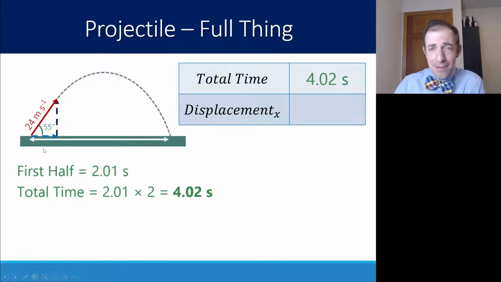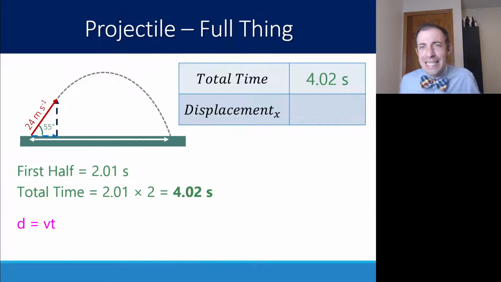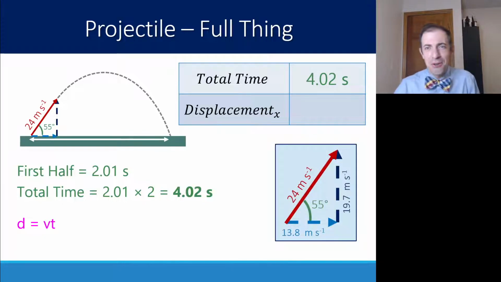Now for the displacement, I need to use this equation again because in the x direction, we are moving at the same speed the whole time. Well, what speed is it? Go back to our triangle. We solved this triangle at the very beginning and said that in the x direction, it was moving 13.8 meters per second. So now, instead of imagining that we threw the ball straight up in the air, let's imagine that we rolled the ball perfectly horizontally on the ground at a constant 13.8 meters per second.